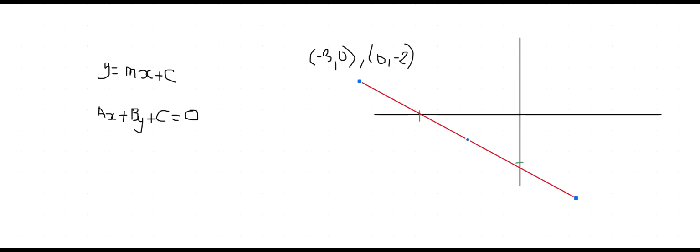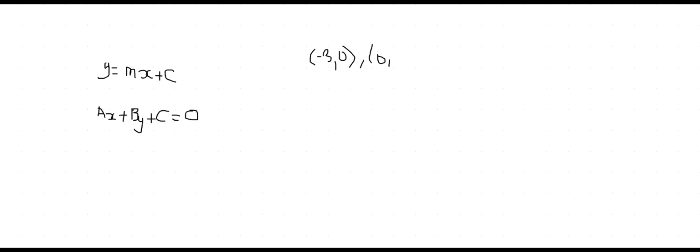And then the last method I said I'll talk about is using random values to graph the line. So let me see if I can come up with an example.